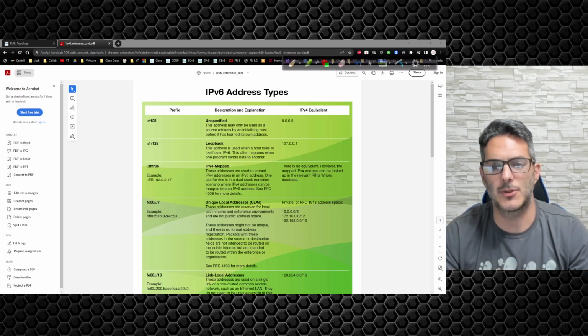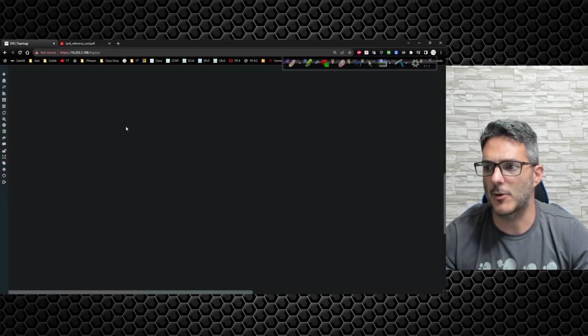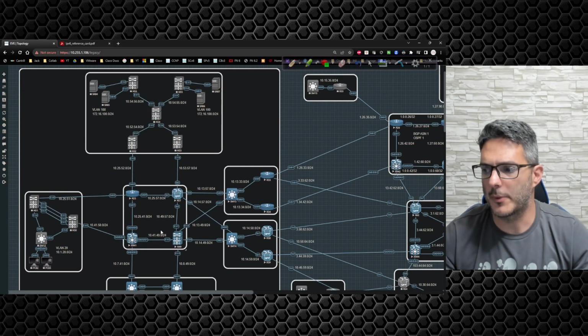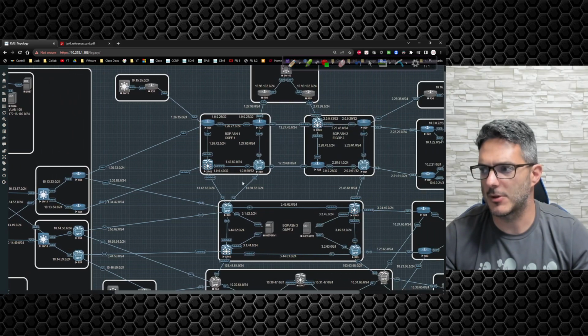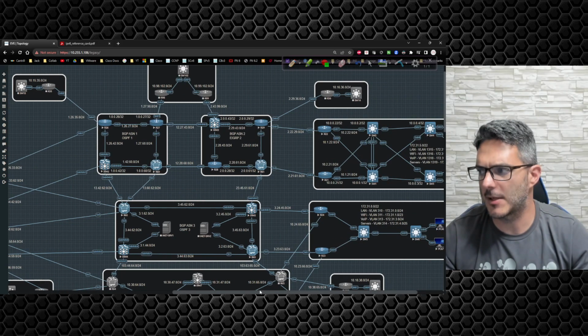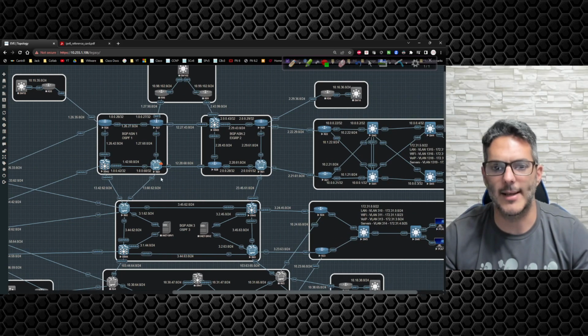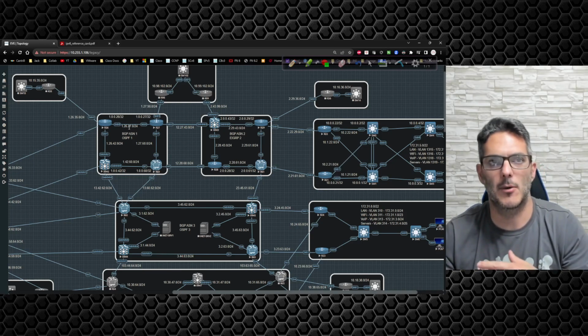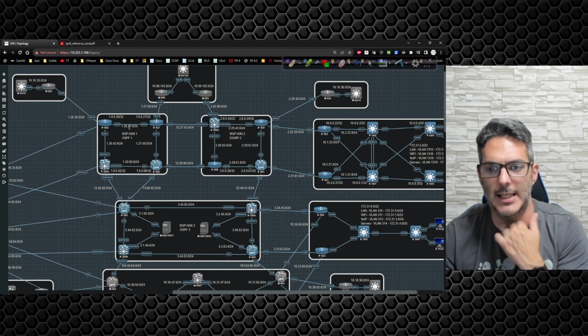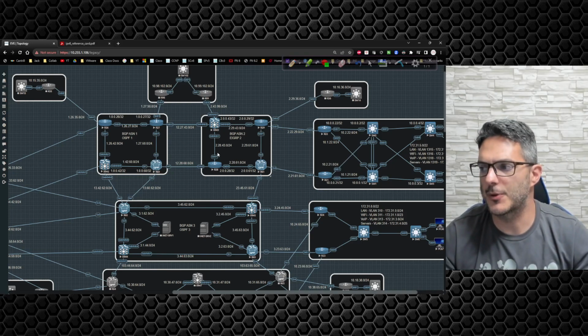Now loopback, when we talk about that, is going to be a ::1. In our particular case, if we go back over here to our topology, what I've done across the board, and I think I've done it for every device up to this point, or it's labeled, is per service provider, because that's my intention when we get into the dynamic routing section: to use public IP address spaces.